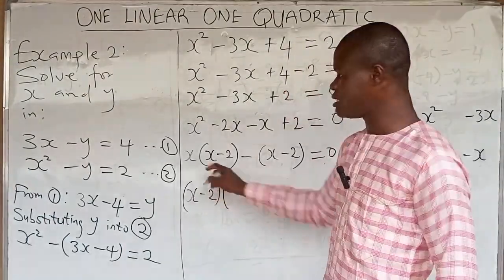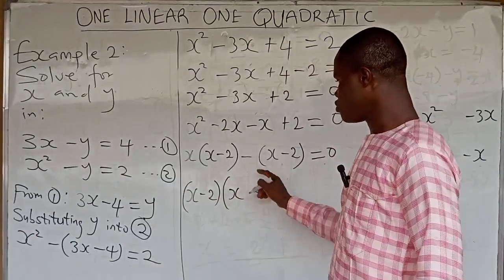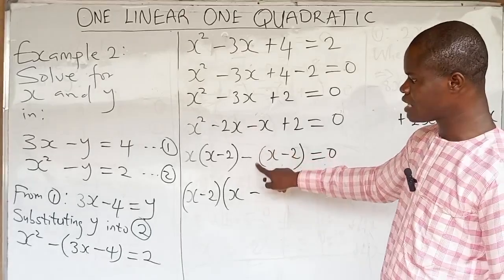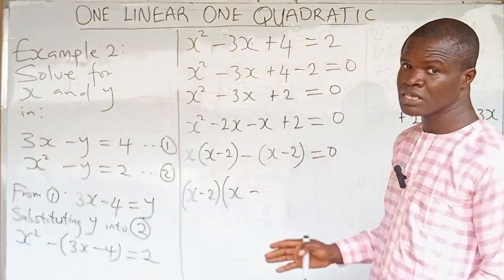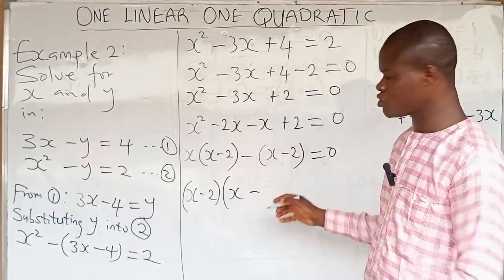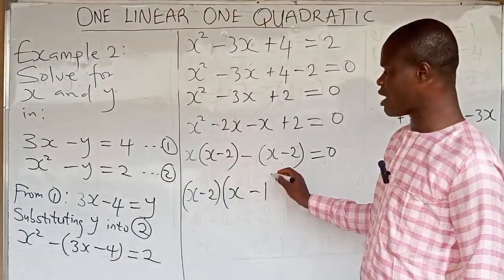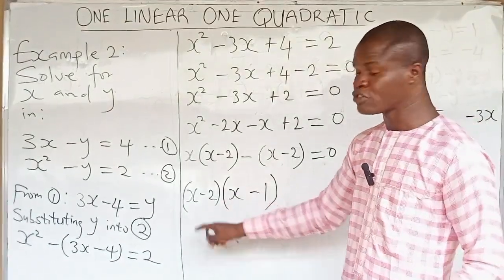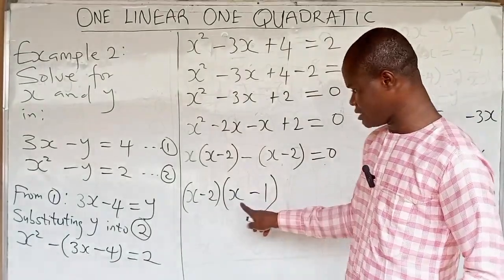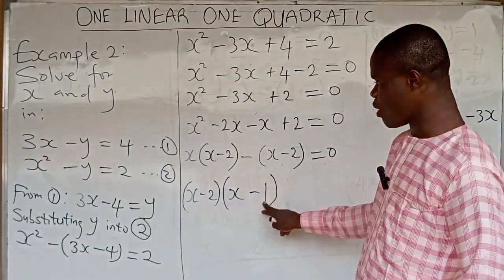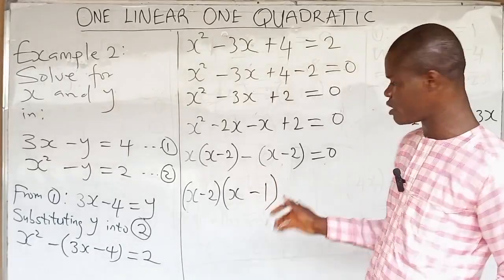What remains here is x minus, and since there is no number here, it means 1 is there. An invisible 1 is holding that position, so I'm going to put that 1 here. If you want to know if you are correct, you can multiply back. This bracket times this will give us this, and this bracket times this one here will also give us this. So we are very correct.